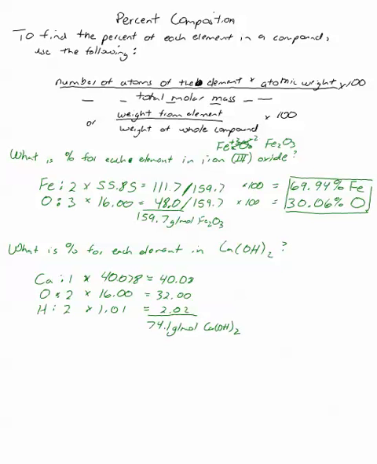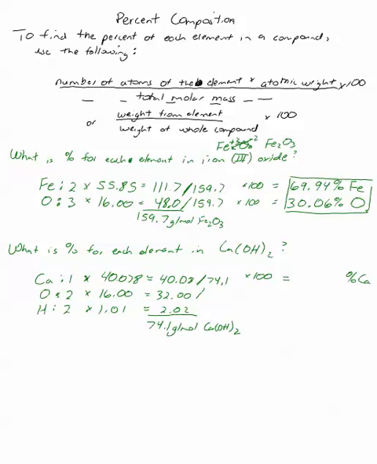But that just gives us the molar mass. Now we need to find out, of that 74.1, what percent of the weight came from the calciums, what percent came from the oxygens, what percent came from the hydrogens. So again, how do we do that? Well, we take the weight that came from that element, calcium, divided by the weight of the whole thing, 74.1, and then multiply by 100, and that will give us the percent calcium.